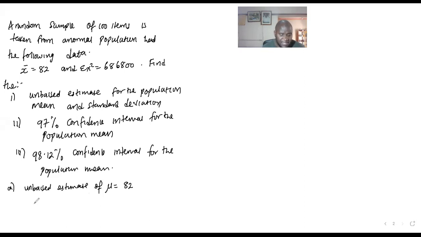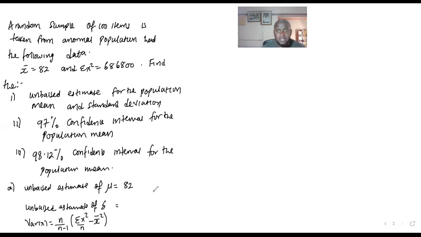Now we need the unbiased estimate of the standard deviation. It is got from what formula? Who recalls? The variance for the unbiased estimate is given by n out of n minus 1 into summation of x squared over n minus x bar squared.